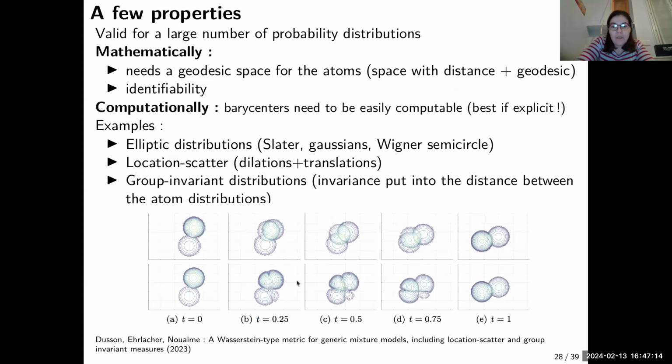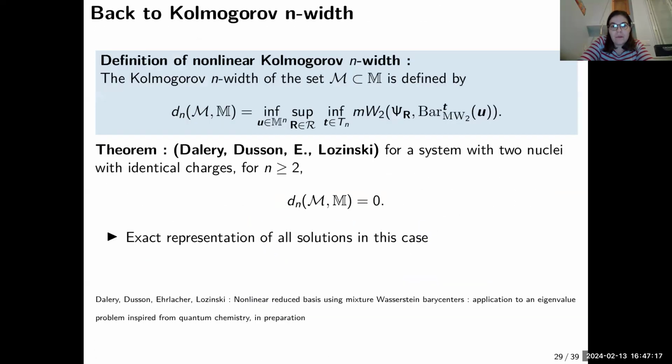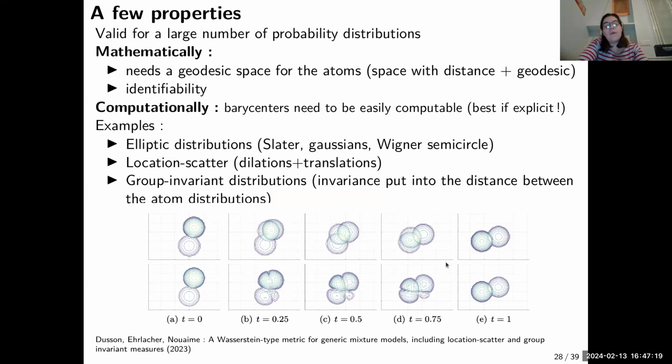Just to give you an idea of how these barycenters look, this is a set of pictures. Here we looked at mixtures of location-scatter probability densities not defined with scatter functions, but with Wigner semicircle probability distributions. But still, you can have a hint of how these barycenters look. You see on the left-hand side and right-hand side two different mixtures.